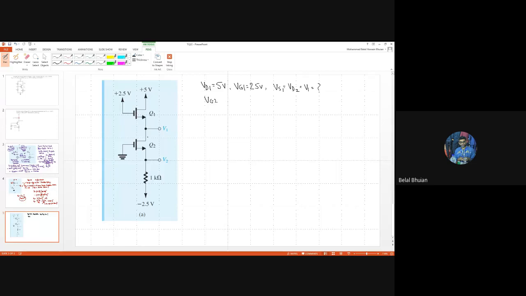VG2, the gate voltage, is 0, and VS2, which is V2, is unknown. So I need to determine these in terms of ID. This is our ID1, and that will be our ID2.